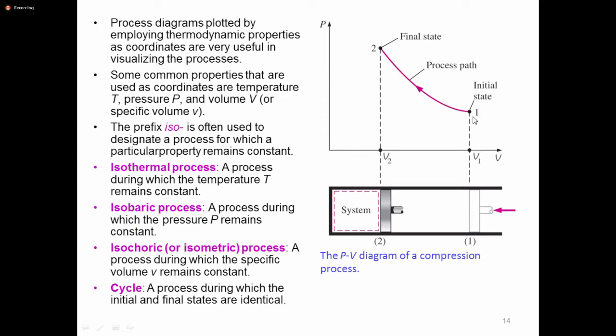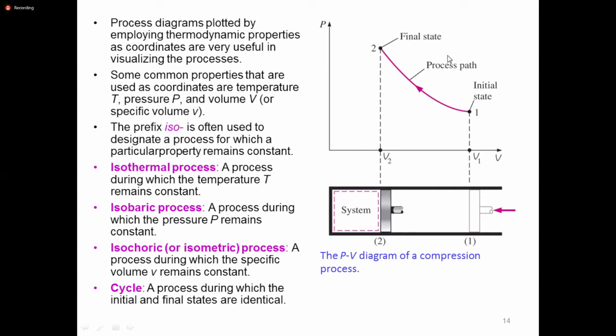In this process, pressure is different, volume is different, and the temperatures are different. So the different thermodynamic properties behave in different ways when the process happens from point 1 to point 2.